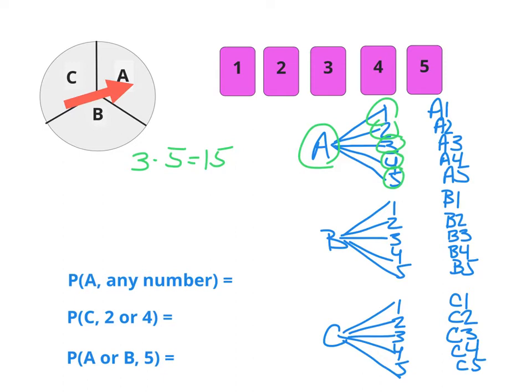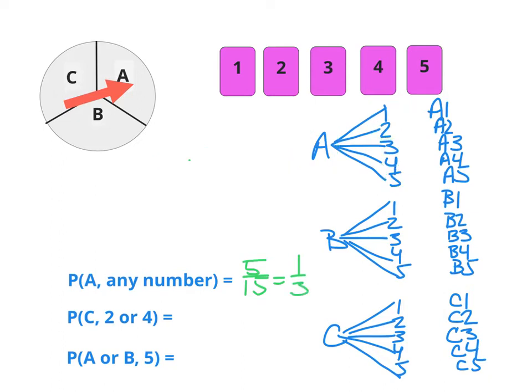And as I've already circled, I have 1, 2, 3, 4, 5 possible outcomes of spinning an A and then picking a card that's numbered 1 through 5. So my probability of A and any number would be 5 out of 15, and that would simplify to 1/3.